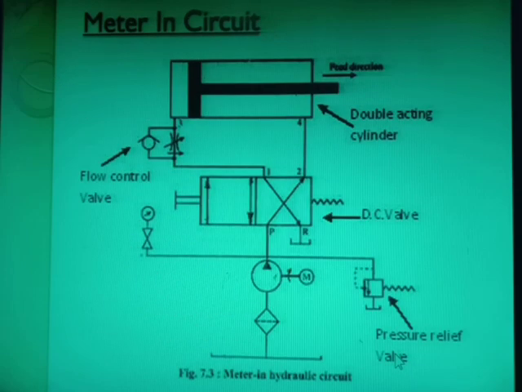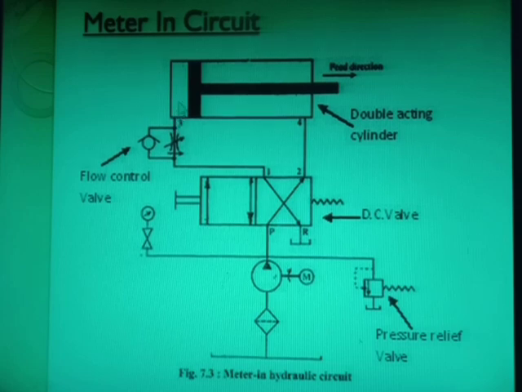So this is the meter in hydraulic circuit. We have finished this. Here the flow control valve with inbuilt check valve is provided at the inlet of the actuator.